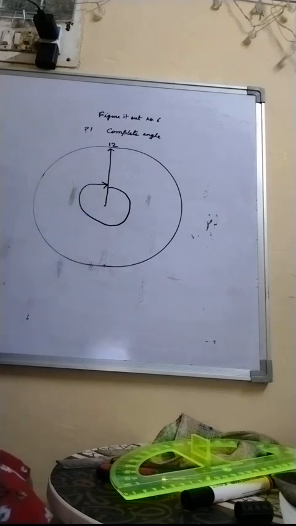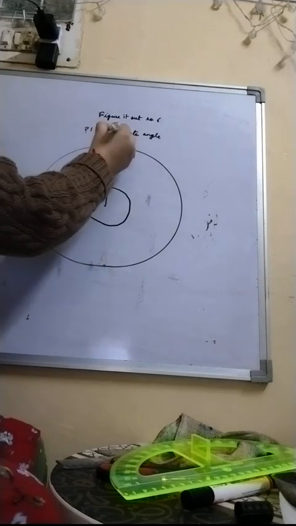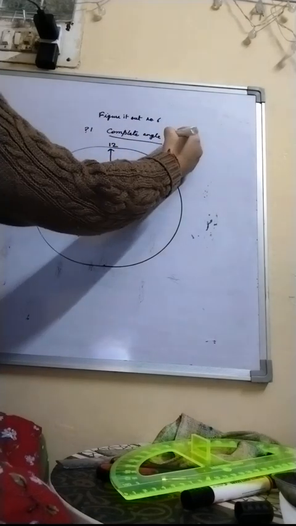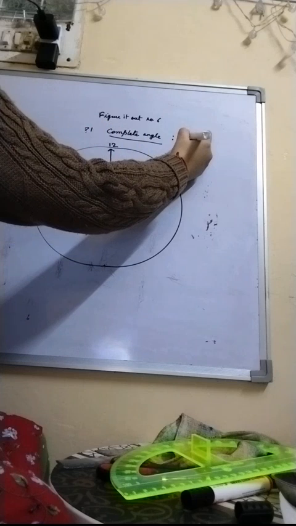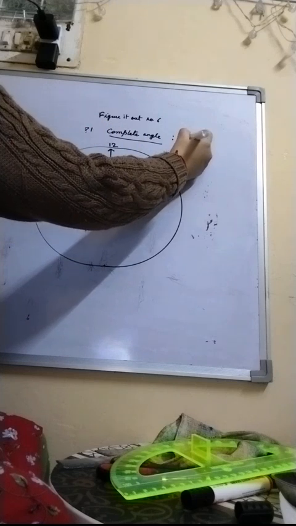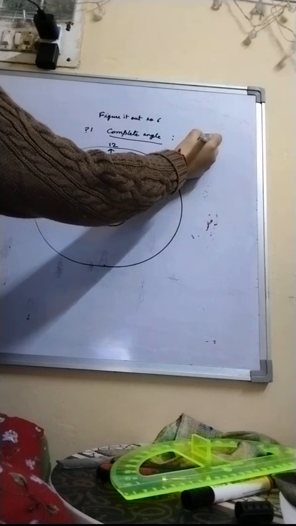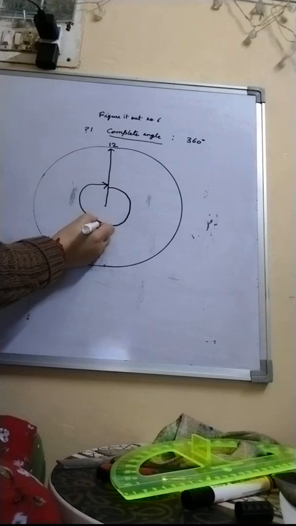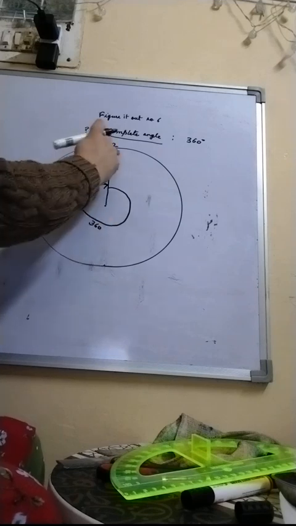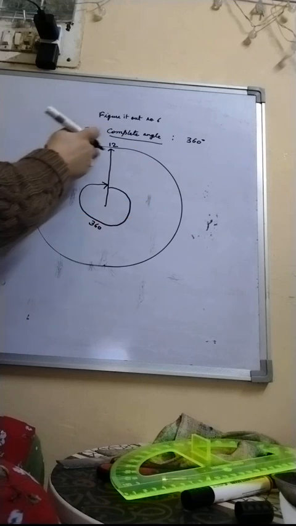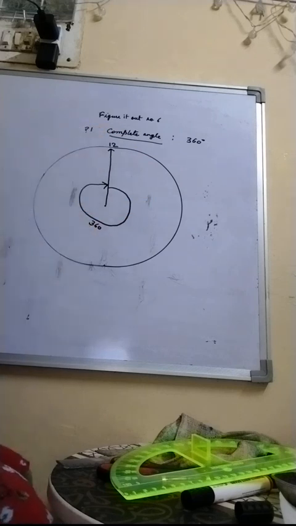So what is the angle formed here? The angle formed is a complete angle, and what is the measure of a complete angle? It is 360 degrees. So the complete rotation or turning of your minute hand gives you a total of 360 degrees.